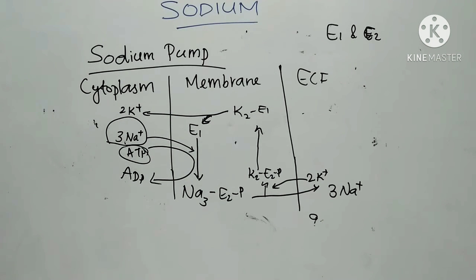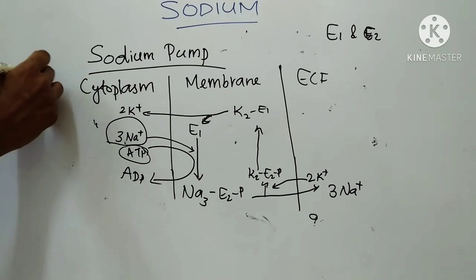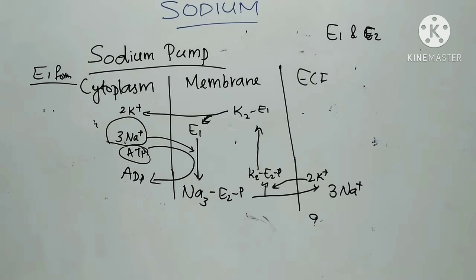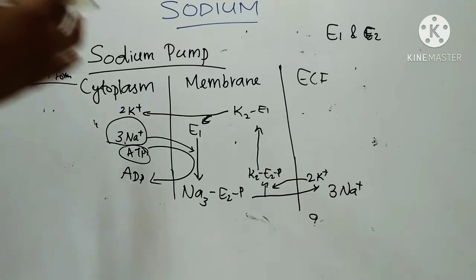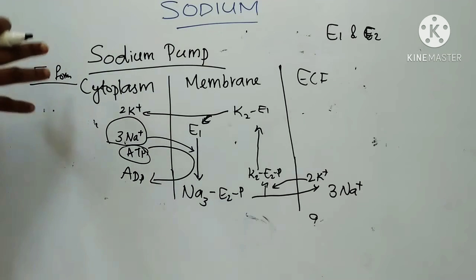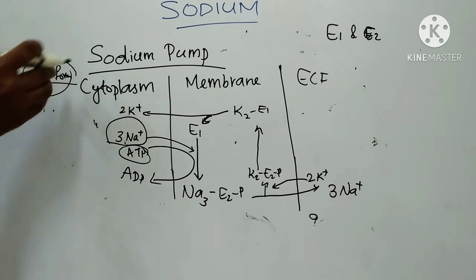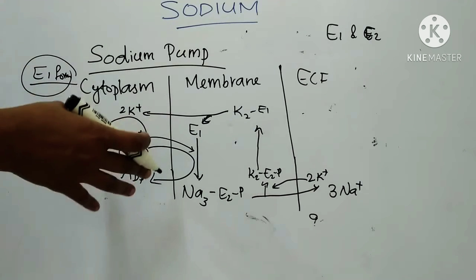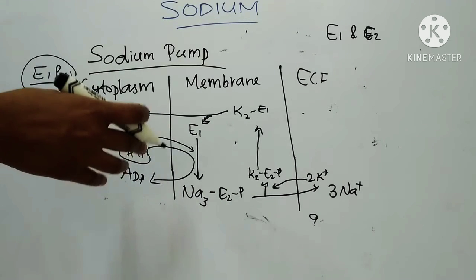First we will see the E1 form. In the E1 form, the ion binding and phosphate binding sites are present on the cytoplasmic surface of the membrane.